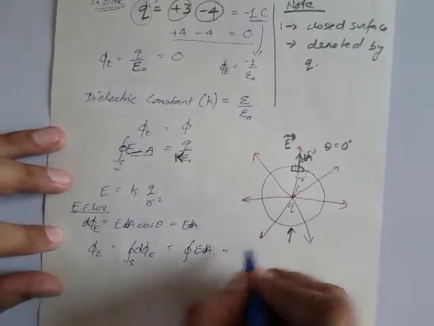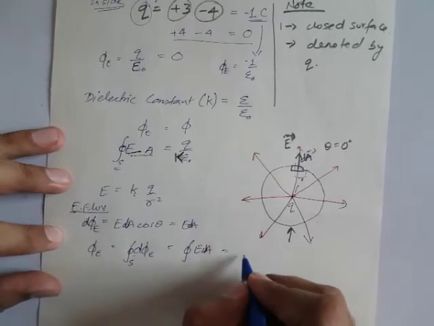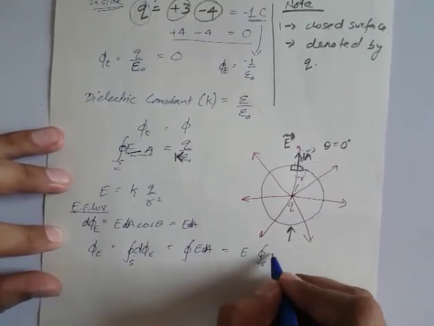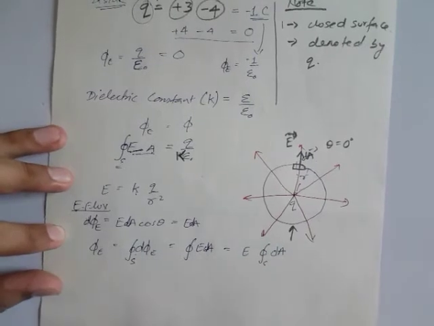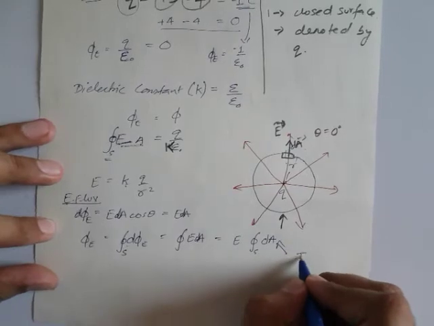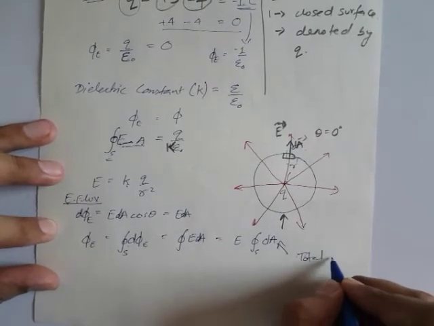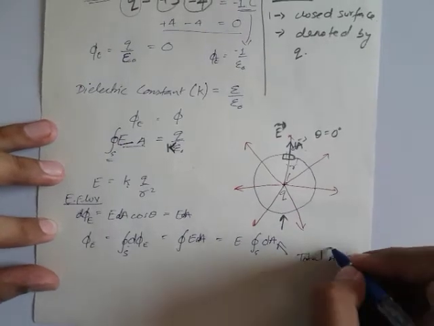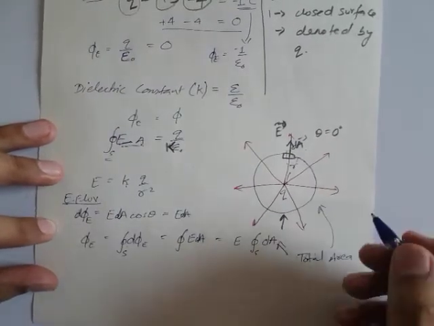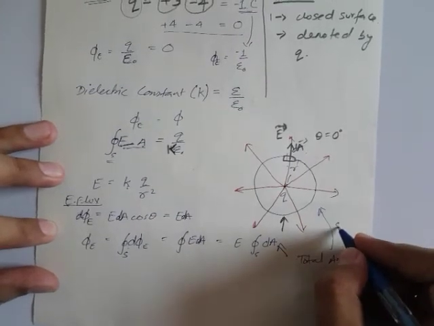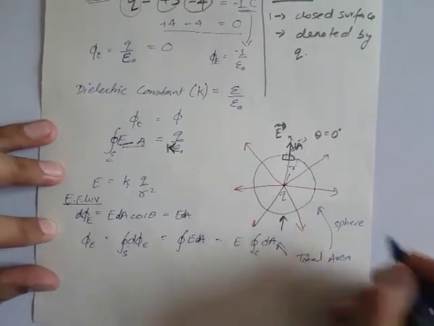Now E is a constant, the electric field from this charge is constant, so E can be taken outside, then the surface integration of dA. Now dA is my total area, the total area of this, and it is the shape of a sphere, as we considered it a sphere.